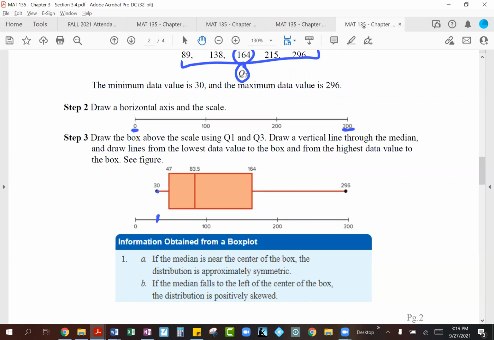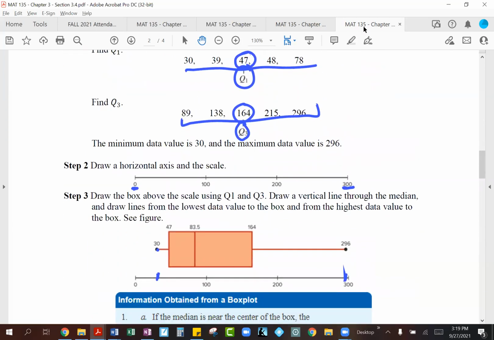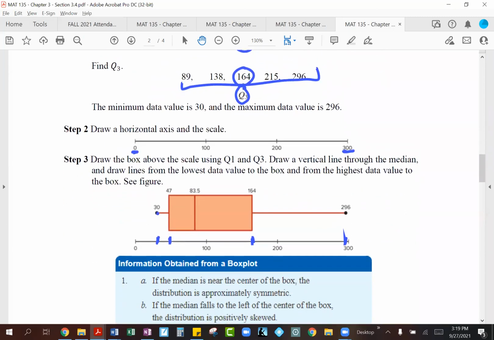Our largest number was 296, so that's going to be somewhere here closer to 300. My quartile 1 was 47, so you can see this is where they're putting that 47. Quartile 3 was 164, and then our quartile 2, or the median, was 83.5.